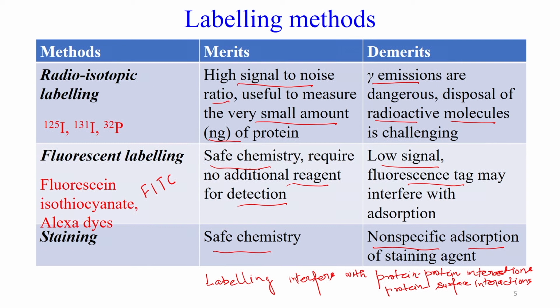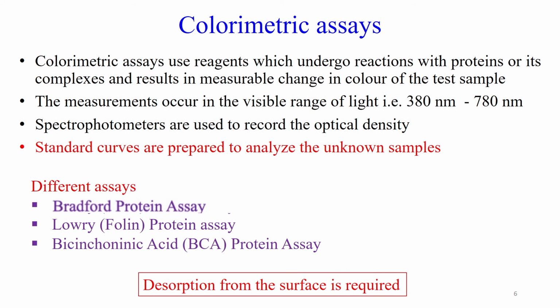If you are labeling a protein, we are not very sure whether it is behaving like a native protein or not. So, the next method is the colorimetric method. As I told, with colorimetric we can go with either the solution depletion method or the desorption from the surface.